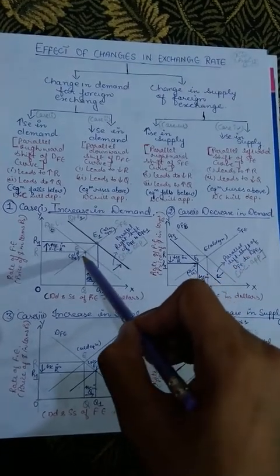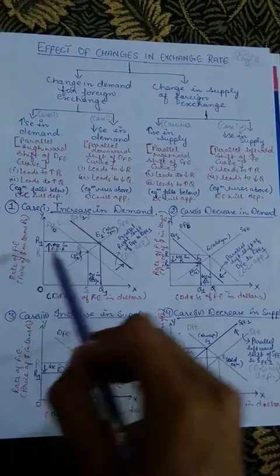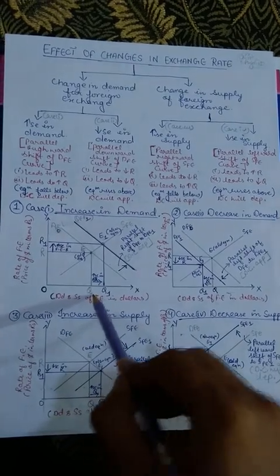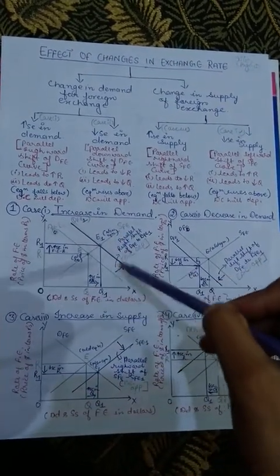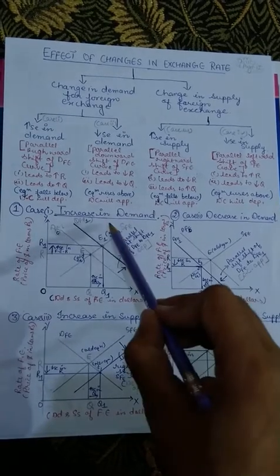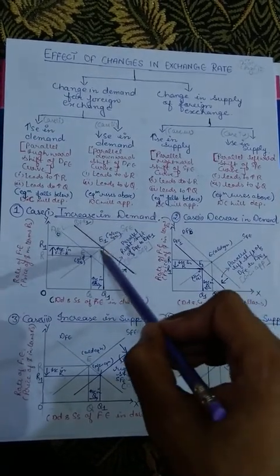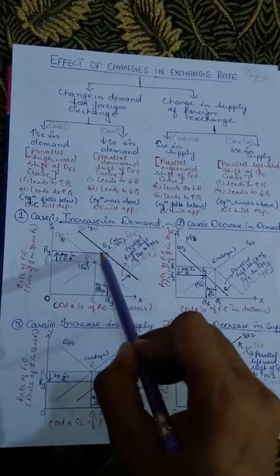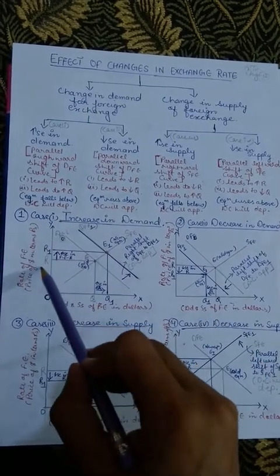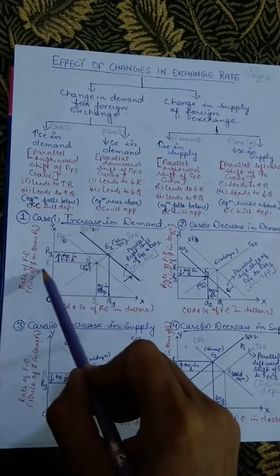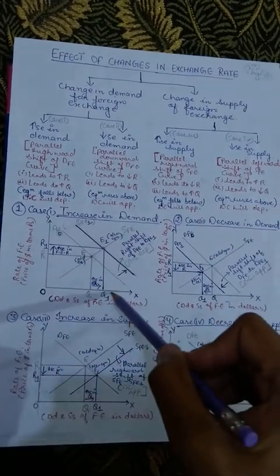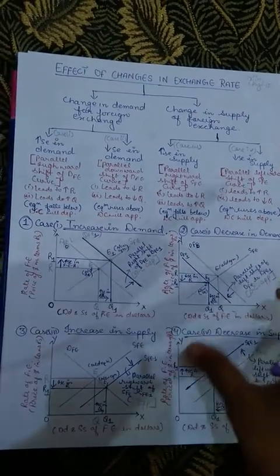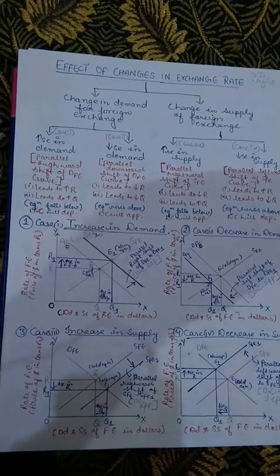At your old equilibrium your exchange rate was R and your quantity of demand and supply of foreign exchange was Q. But when your demand curve has been shifted to the right side due to increase in demand, you have reached a new equilibrium level, and at this level you have a new R1 which is greater than your old R, and a new Q1 which is also greater than your old Q.